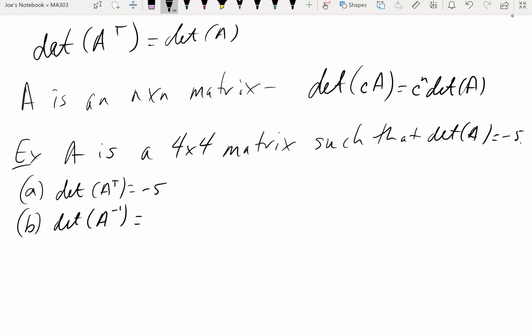Talked about this last time. Good. Yep, -1/5. Remember, the determinant of the inverse is 1 over the determinant of A. What if I asked for the determinant of A cubed?